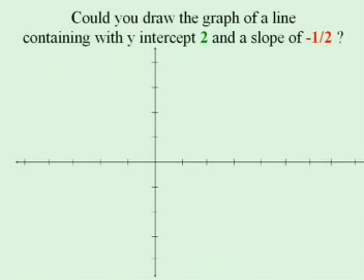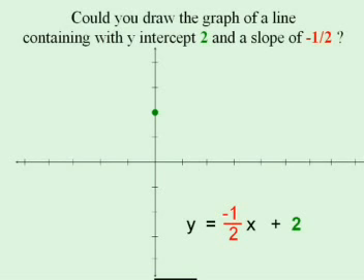We could use this to graph lines. I'm going to graph a line containing the y-intercept of 2 and a slope of -1 over 2. Well, if it has a y-intercept of 2, that's the equation, and that's the y-intercept, because it hits the y-axis at 2.